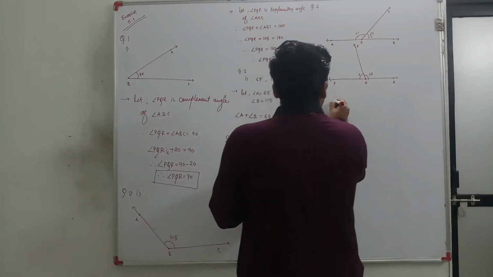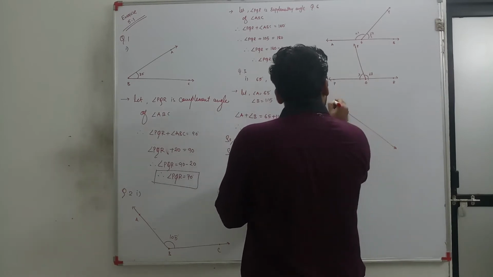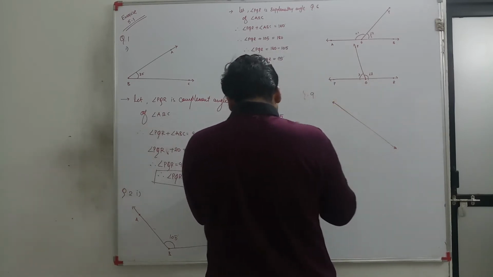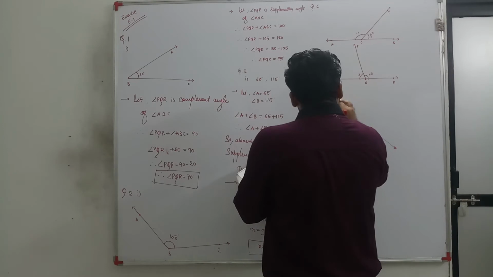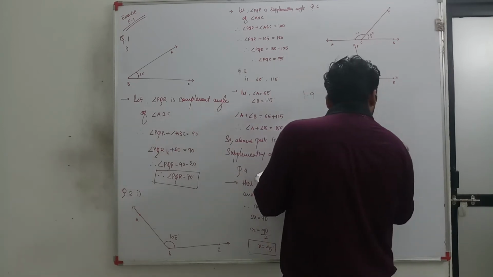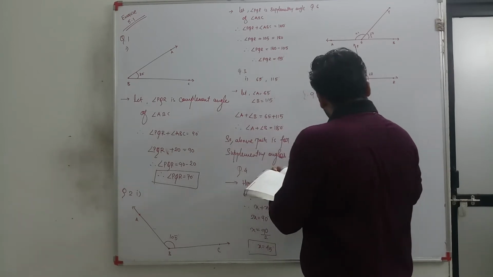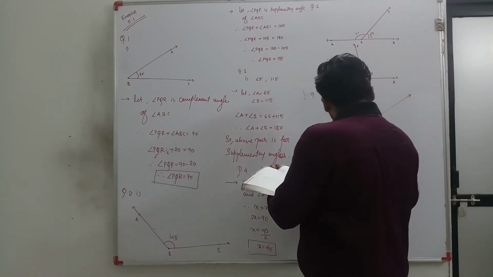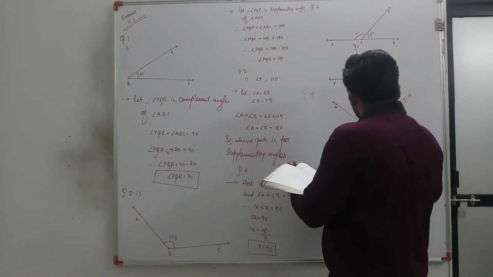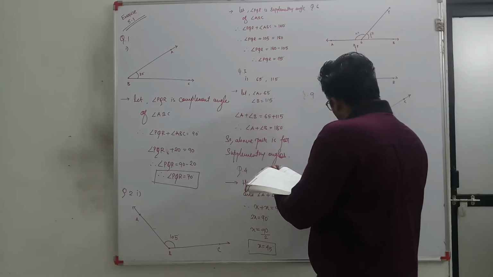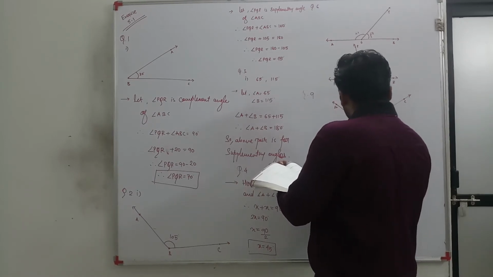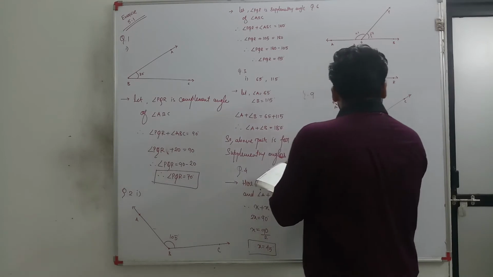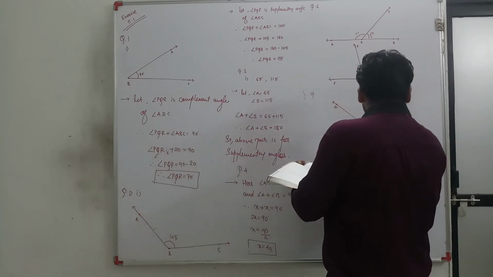In question number 9 there are two lines. The first one is AB and the second one is CD. These two lines intersect at O and there is one ray OE.